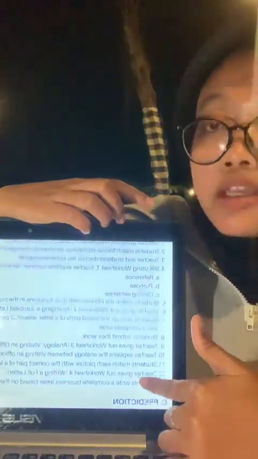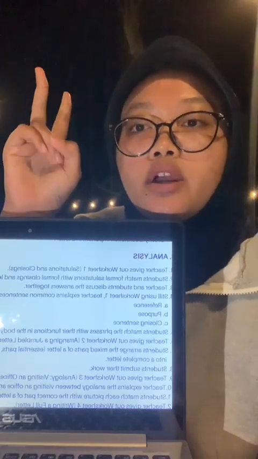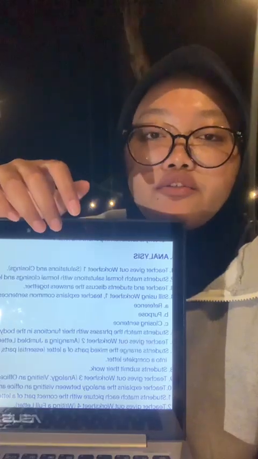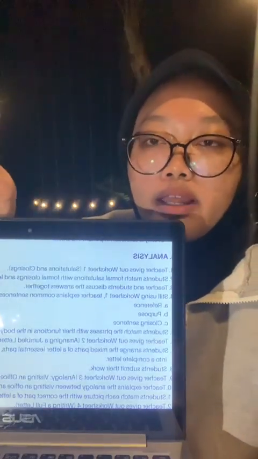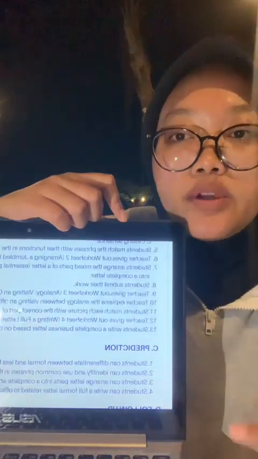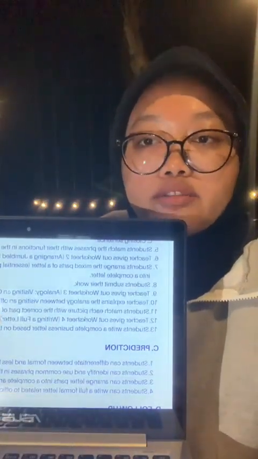In the main activity, from number 1 until 13, students work on worksheet 1, worksheet 2, and worksheet 3 step by step with guidance and discussion from the teacher, based on what I have explained before. In the final activity, students will write their own formal letter in worksheet 4.